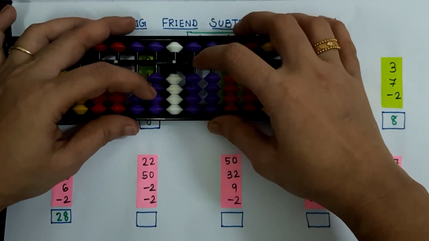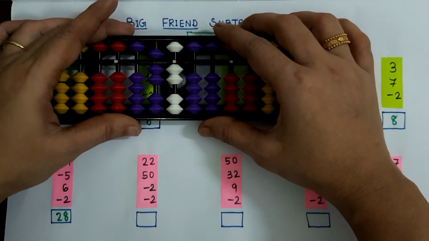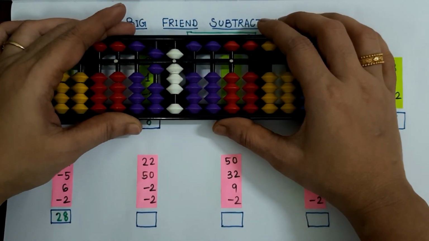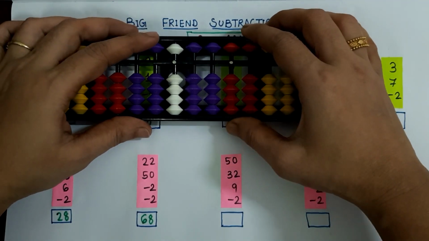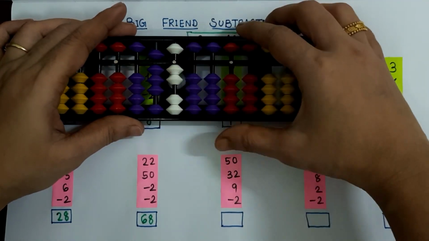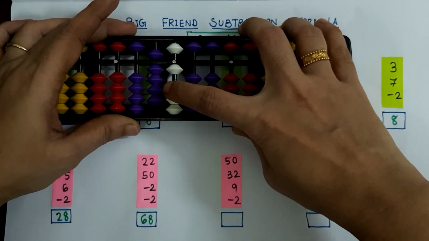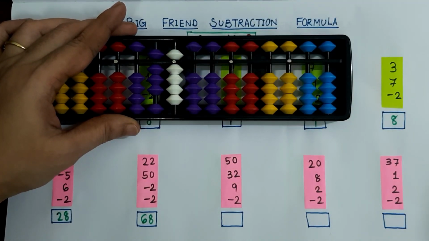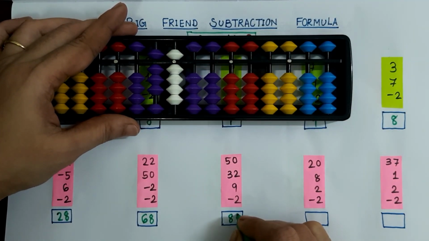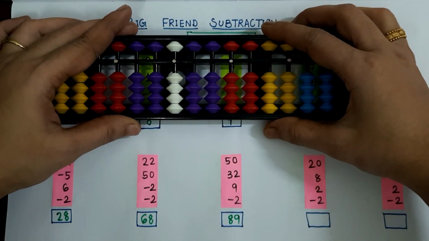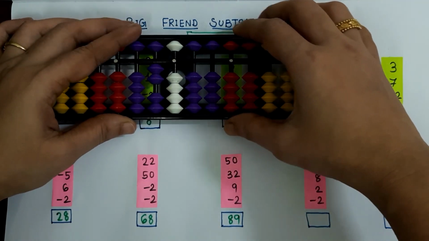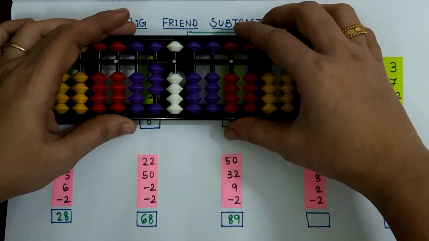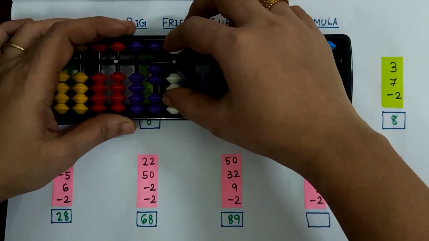Next sum is 22 plus 50 minus 2, minus 2 is minus 10 plus 8. Answer is 68. Next sum is 50 plus 32 plus 9 is plus 10 minus 1, minus 2 is minus 10 plus 8. Answer is 89. Next sum is 20 plus 8 plus 2 is plus 10 minus 8, minus 2 is minus 10 plus 8.